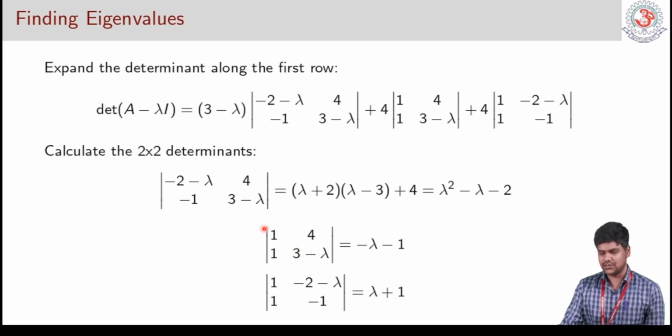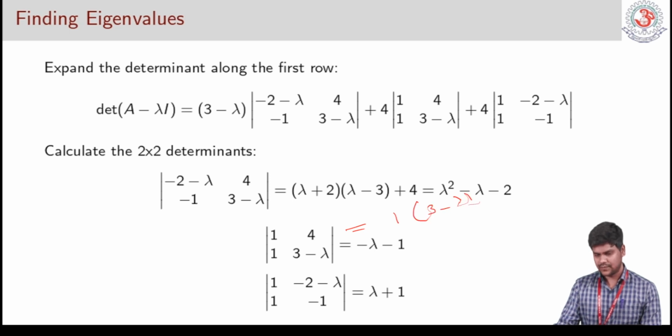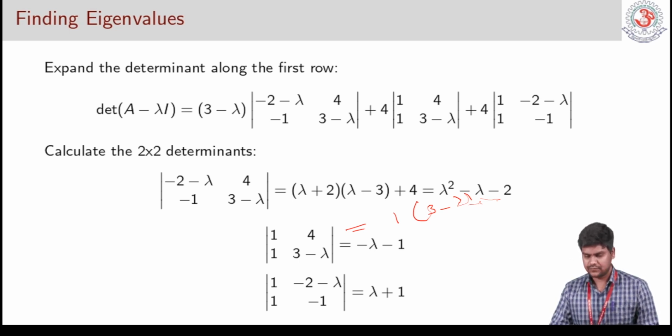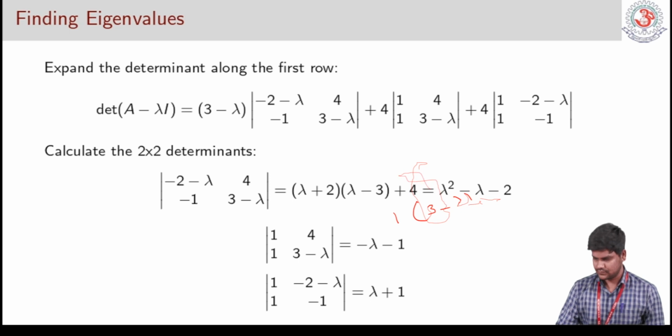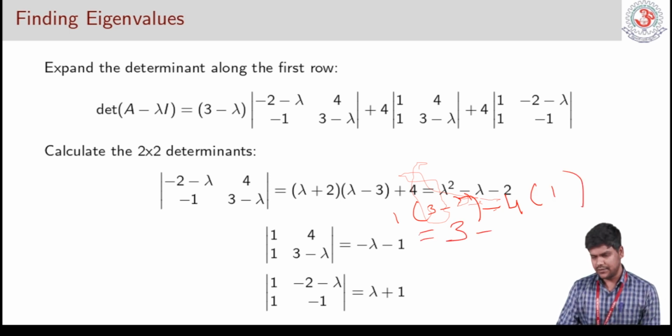The determinant of a 2 cross 2 matrix is the product of the main diagonal minus the product of the anti-diagonal. That is 1 into (3 minus lambda) minus 4 into 1, which is 3 minus lambda minus 4, that is minus lambda minus 1.